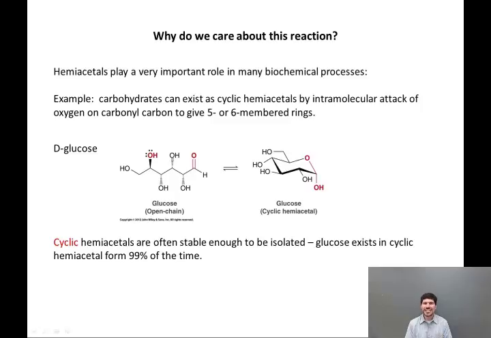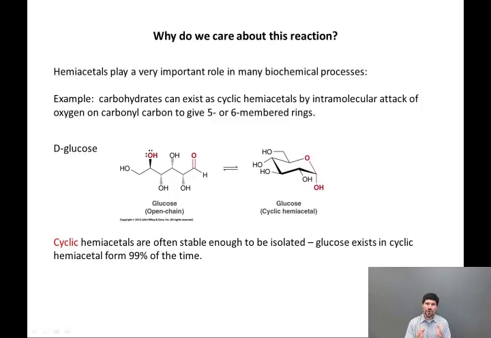And in fact, cyclic hemiacetals are often stable enough to be isolated. If you collect crystals of glucose, what is actually crystallizing out is the cyclic hemiacetal form. And even in solution, glucose exists as the cyclic hemiacetal form 99% of the time.